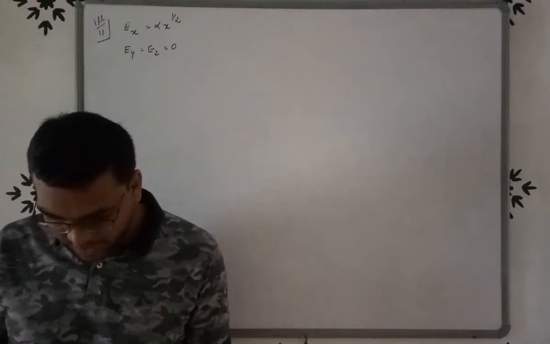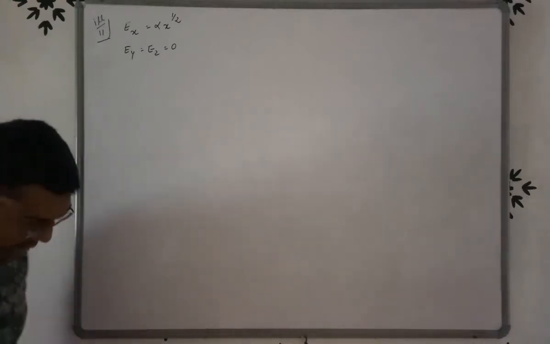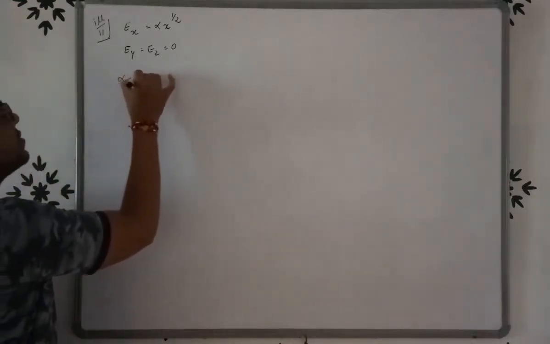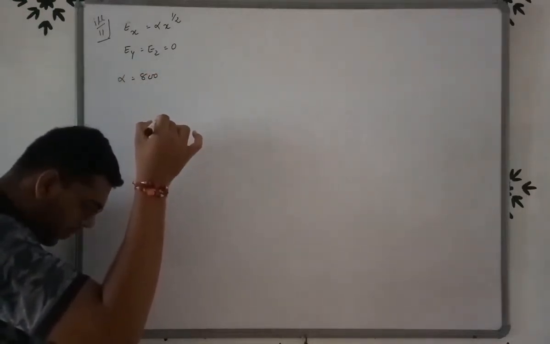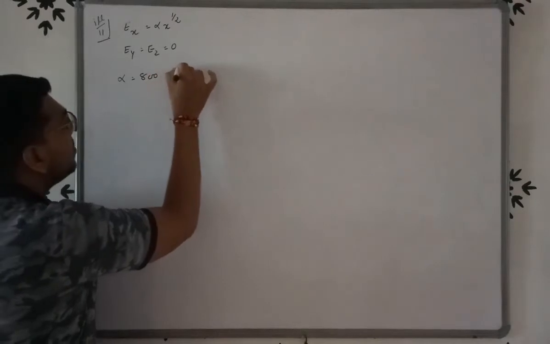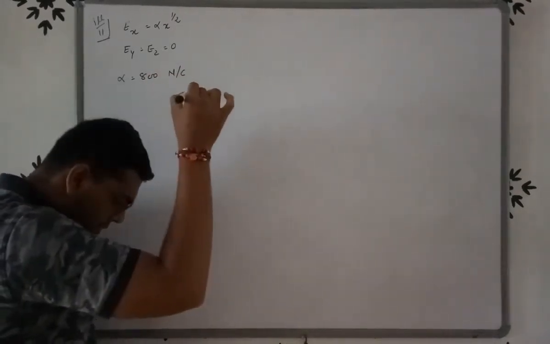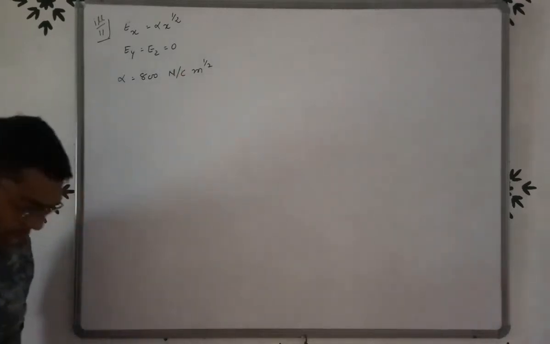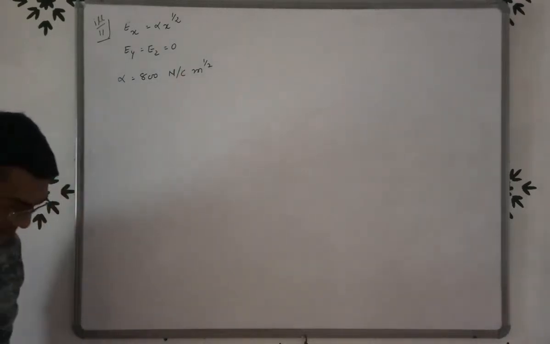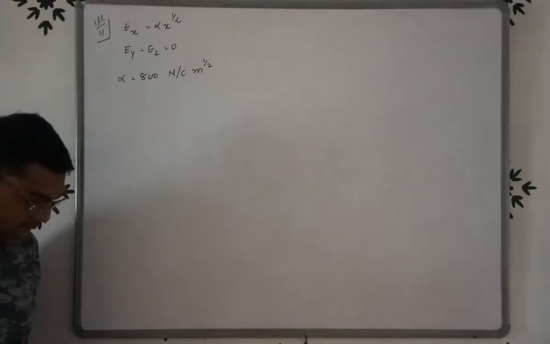In which alpha is equal to 800 Newton per Coulomb meter raised to 1 by 2. So calculate, first, the flux through the cube.